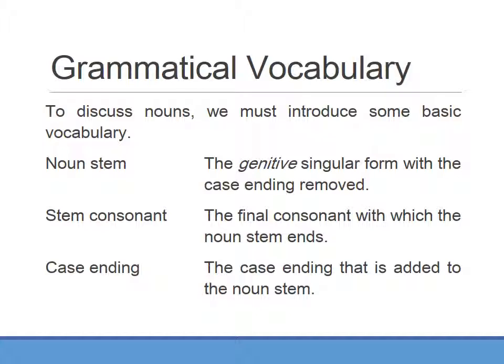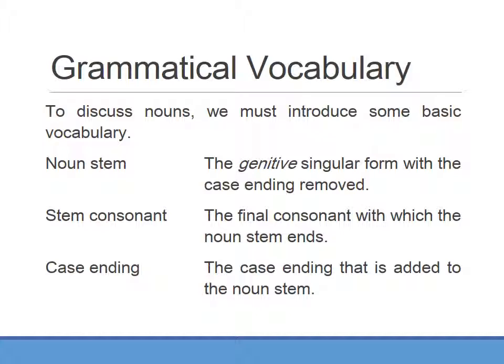The stem consonant is the final consonant with which the noun stem ends. Remember, third declension nouns have stems that end in a consonant. And the case ending is simply the case ending that is added to the noun stem. Particularly in the nominative, when the case ending is added, there are changes that take place.